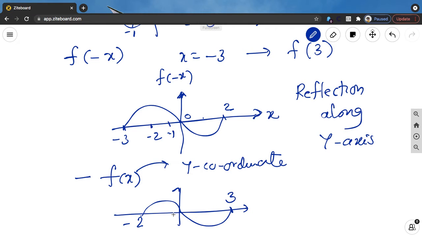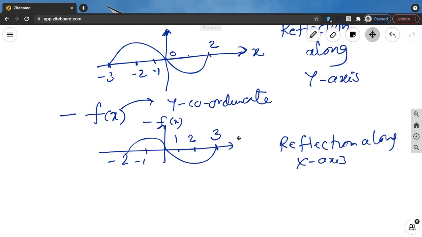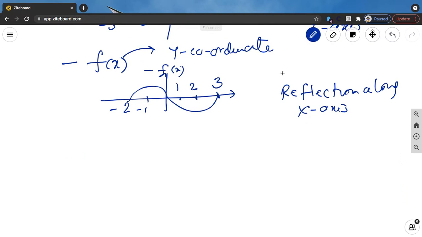Again, I'm not drawn to scale, so this is minus f of x, which is saying it is reflection along the x-axis. Whatever was above the x-axis got below, and whatever was below the x-axis went above because it got reflected. Everything now has a negative sign in front of it.